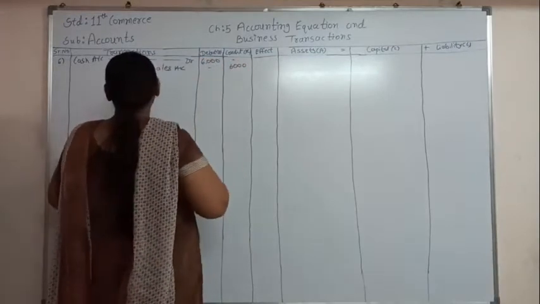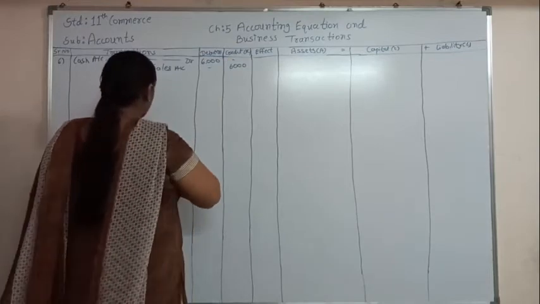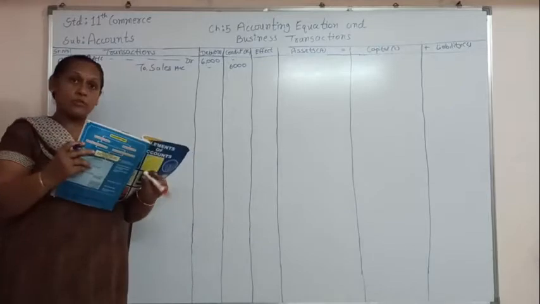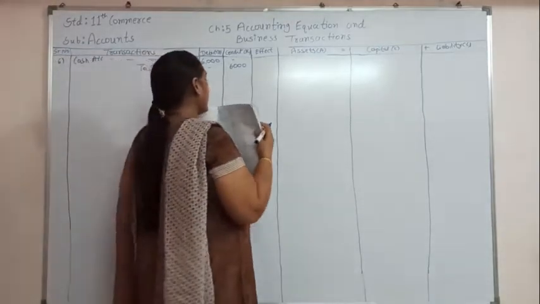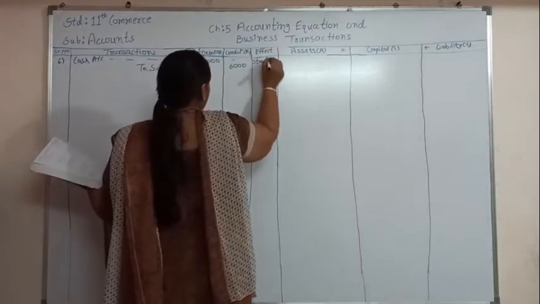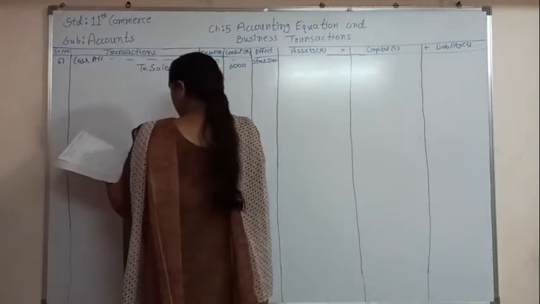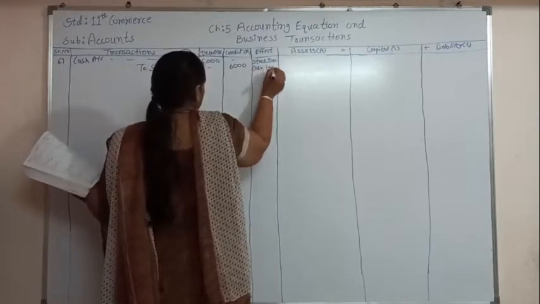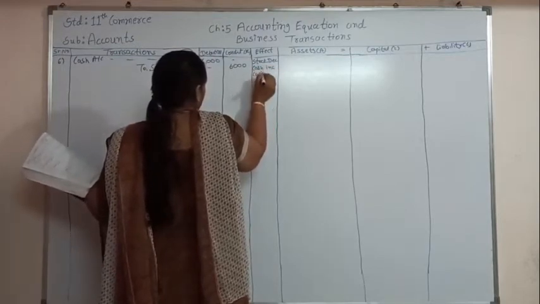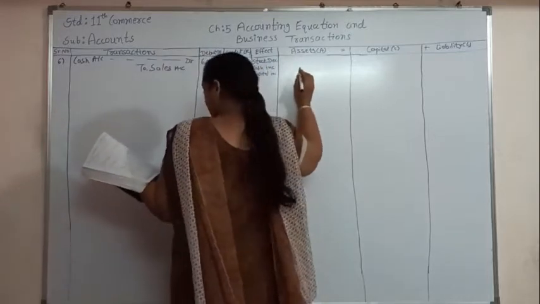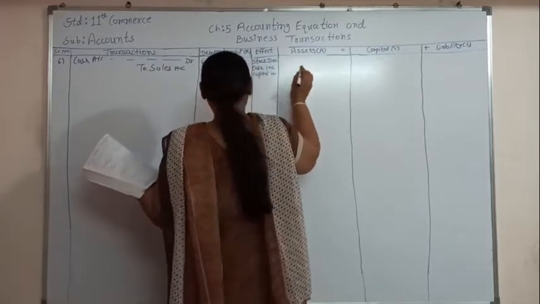Because of this transaction, cash is going to be increased, stock is going to be decreased, and capital is going to be increased. So here, stock decrease, then cash increase, and capital increase.